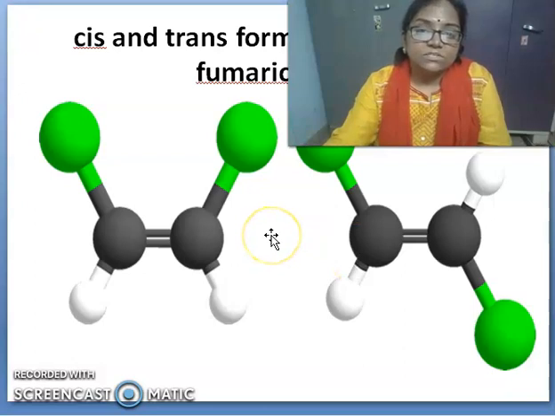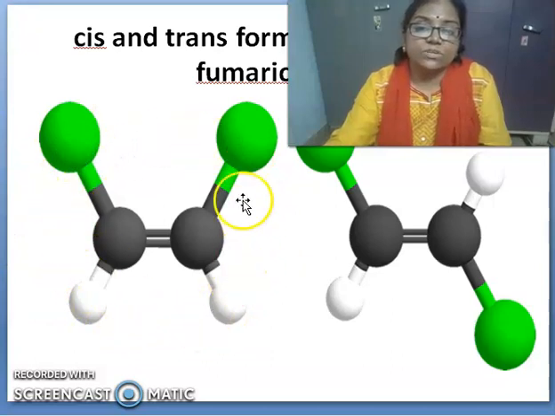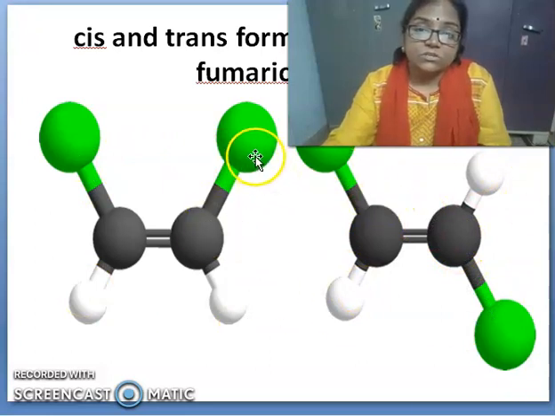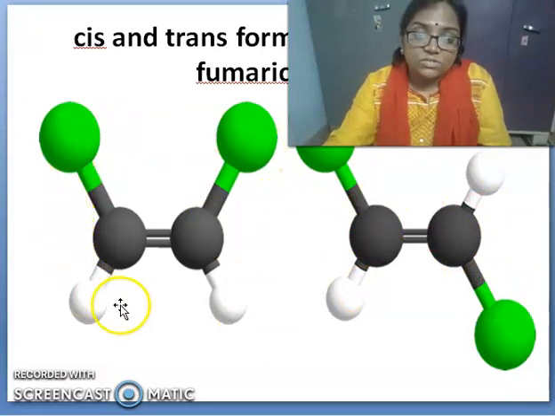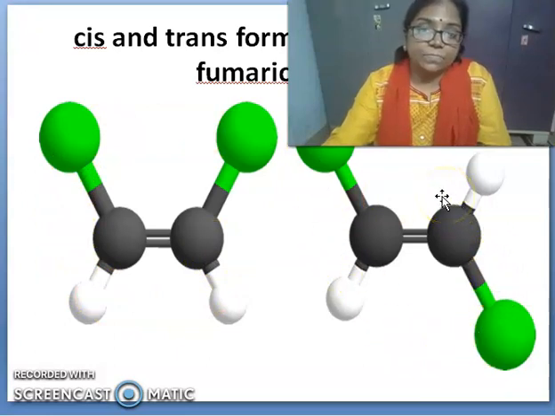So an example is maleic acid and fumaric acid. This is the cis isomer, and this is the trans isomer. This is called maleic acid. This is called fumaric acid.